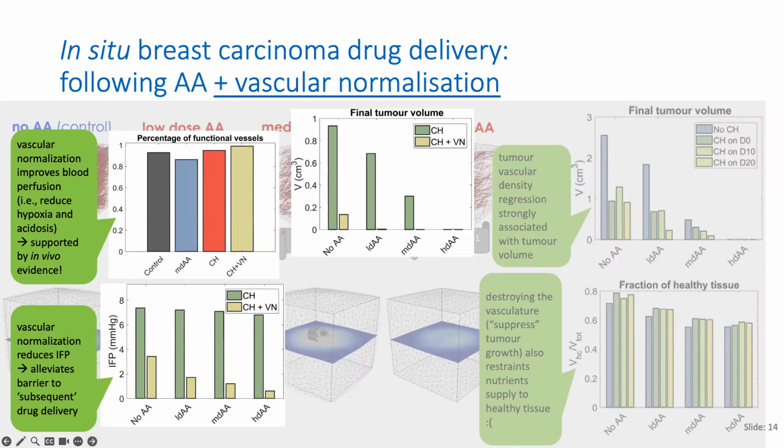We'd like to reduce the vascular density, but also improve the perfusion. Improving the perfusion means improved delivery of the drug through the venous system and so on.